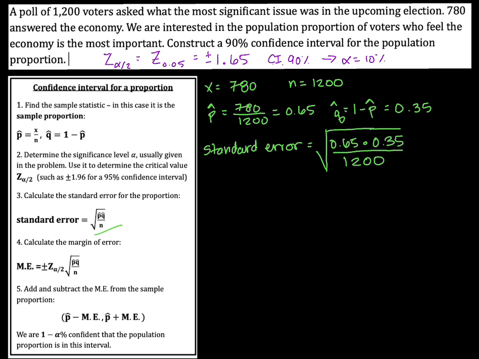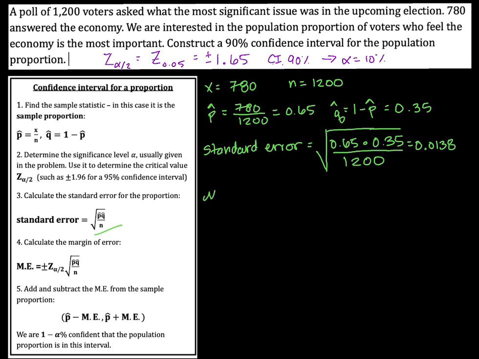So just doing that on my calculator over here. It's going to be a really small number. Okay, so we get this equals 0.0138, which is just slightly over 1%.